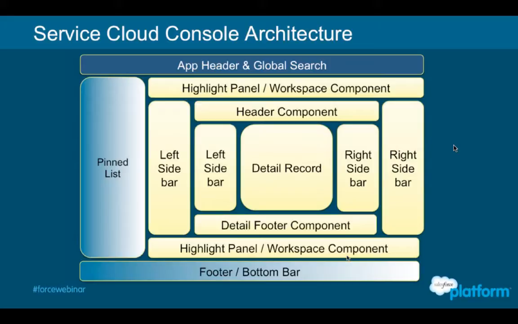So it's meant to provide additional context for a detail record. For example, a sidebar could be a Google map that displays the location of a contact, or the header component could be some core details about that record that you want always visible no matter where the user navigates to.